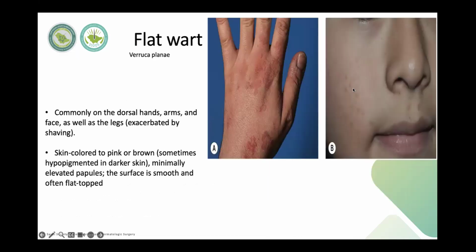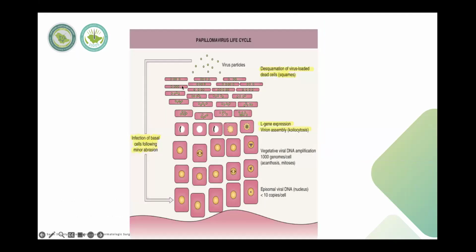Here, the flat wart, which is sometimes difficult to diagnose because it doesn't have the classical shape of a wart. Different genotype, different presentation, but the same treatment. Usually, the wart likes to infect areas that have abrasion or trauma because it has to reach the basal layer, and from the basal layer it starts the infection.